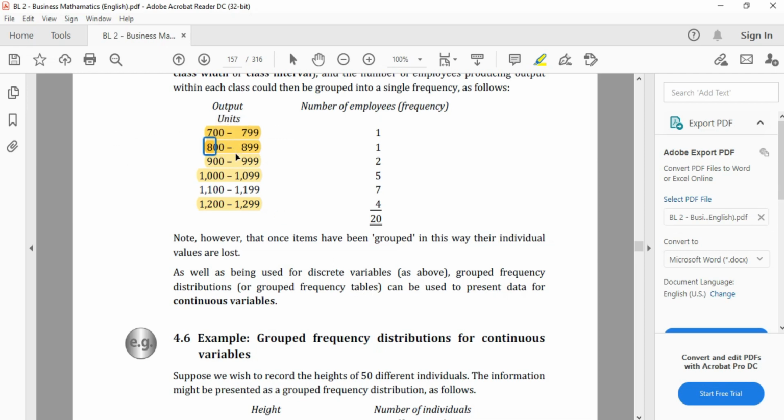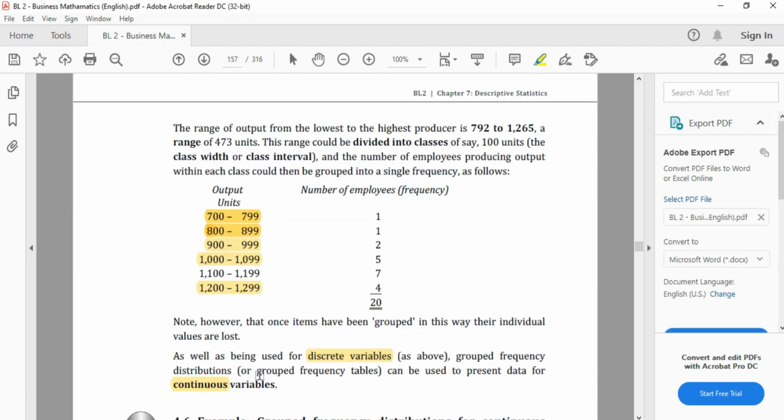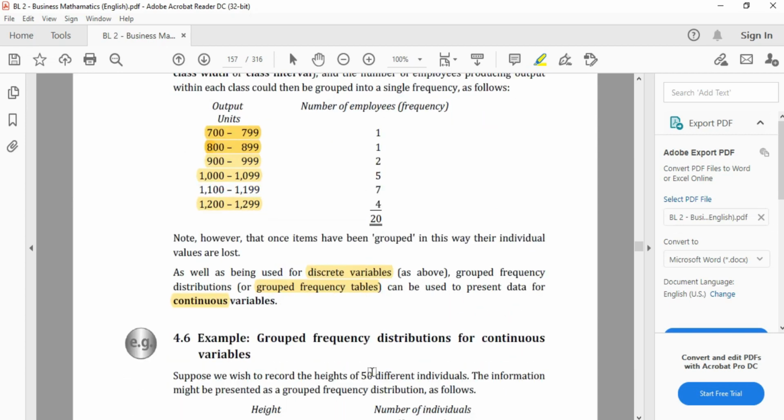So such non-continuous data is called discrete variables. And discrete variables can be considered as continuous in a grouped frequency table. So this could be a possible MCQ question where they ask if discrete variables can be considered as continuous, and you should say yes, it could. In a grouped frequency table, it could.